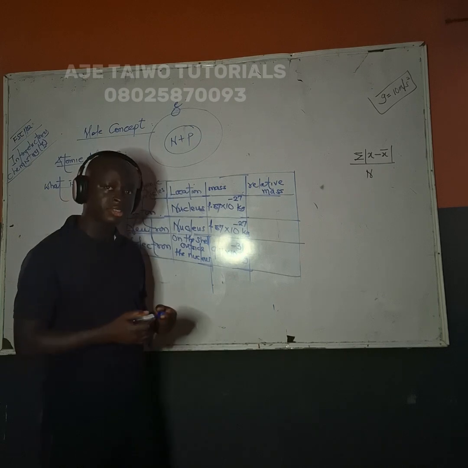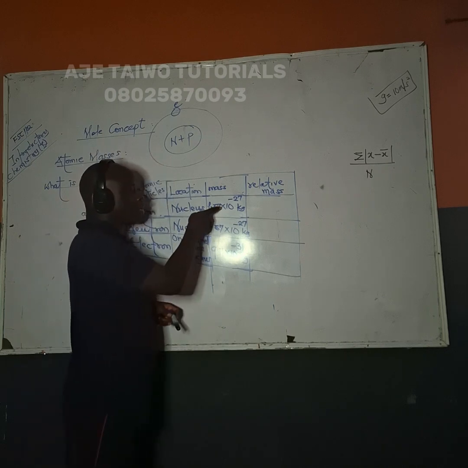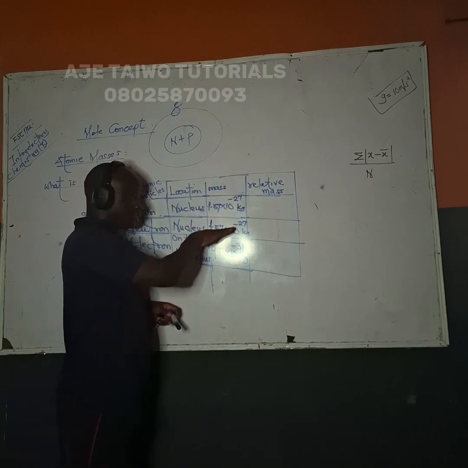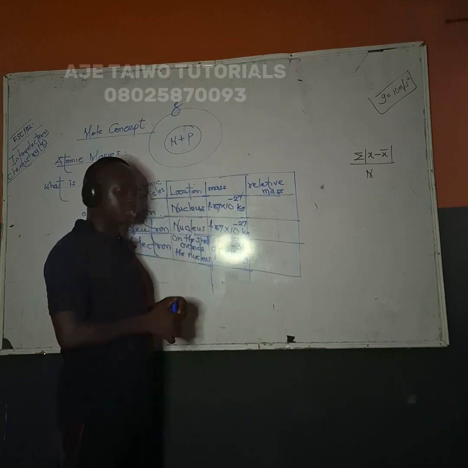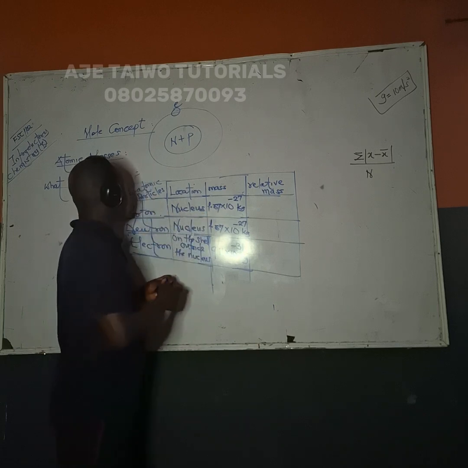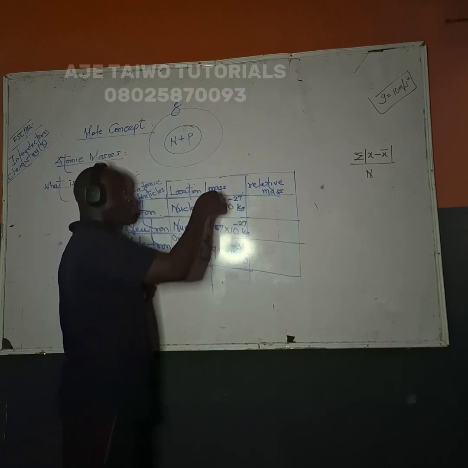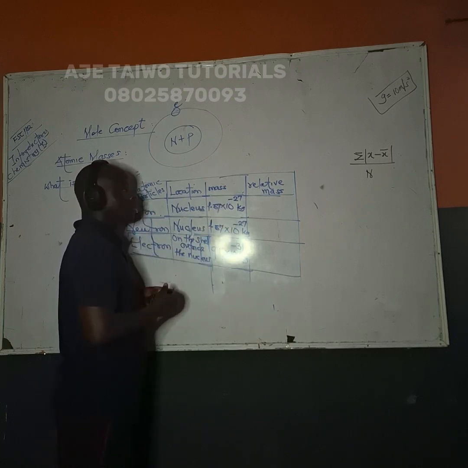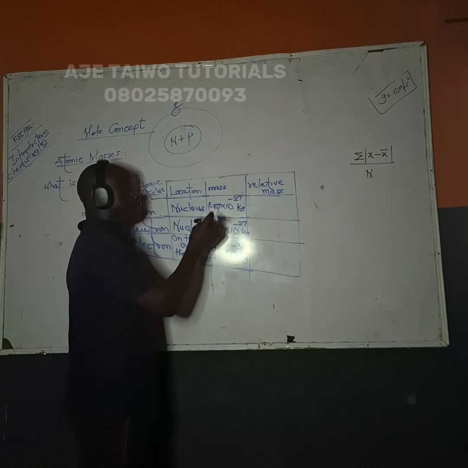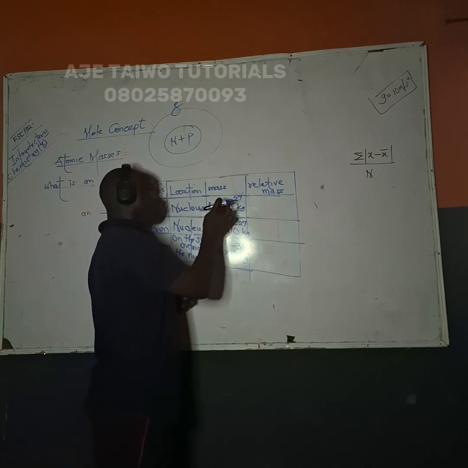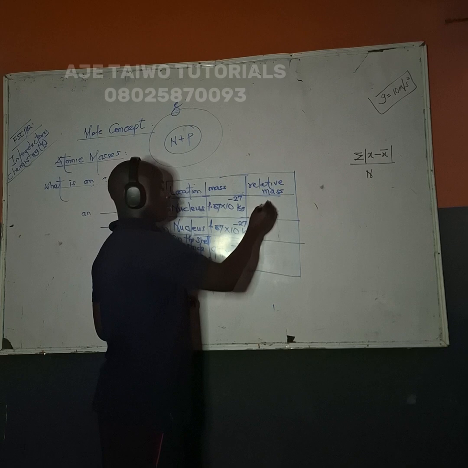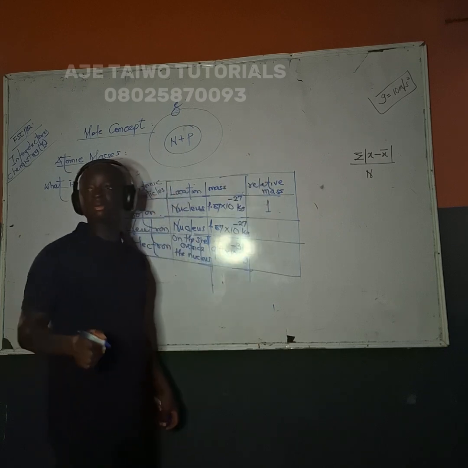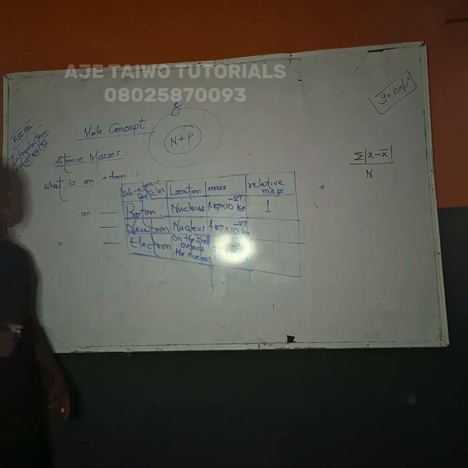Relative masses means divide all these masses by the mass of proton. Class, tell me. If you divide this by the mass of proton, what do you get? 1.